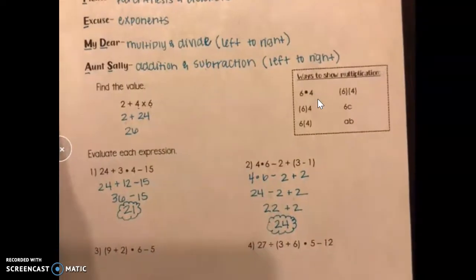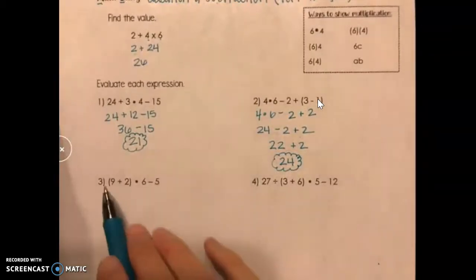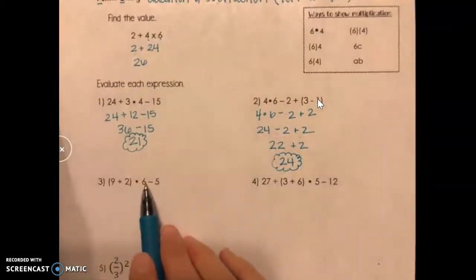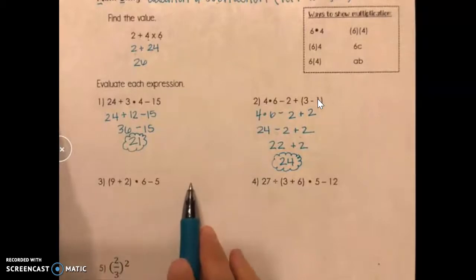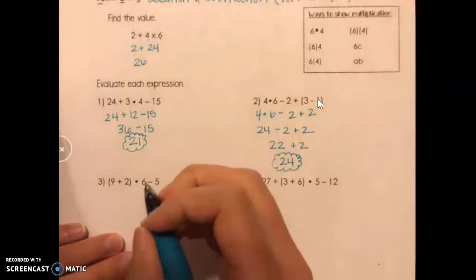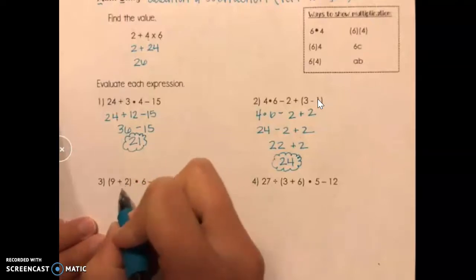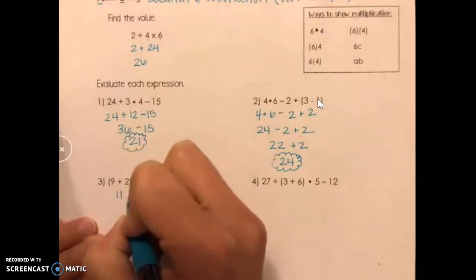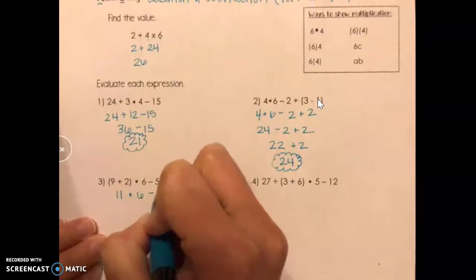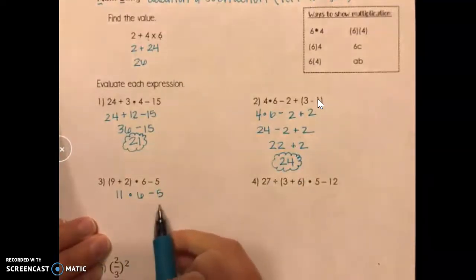All right, awesome job. So number 3, we had in parentheses 9 plus 2 times 6 minus 5. Starting up at the top, we have please, so parentheses. I do have parentheses, so I'm going to solve for that. So 9 plus 2 is 11. Bring everything else down. I don't have any more parentheses.